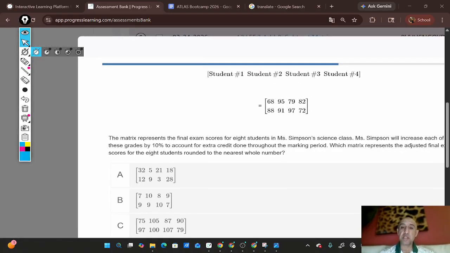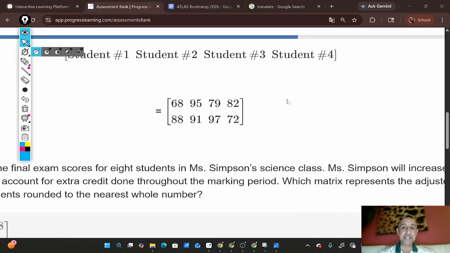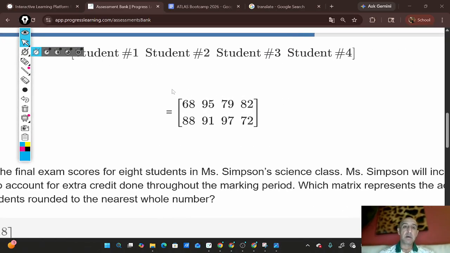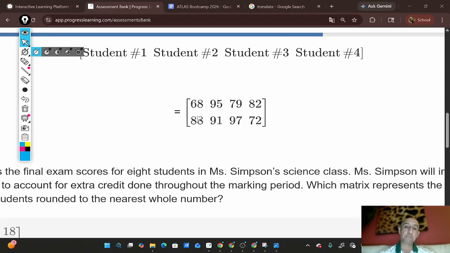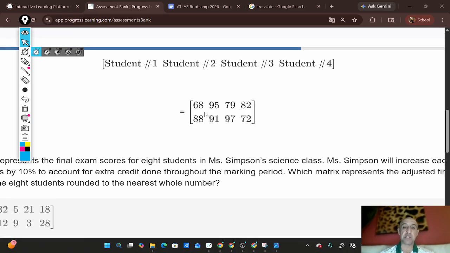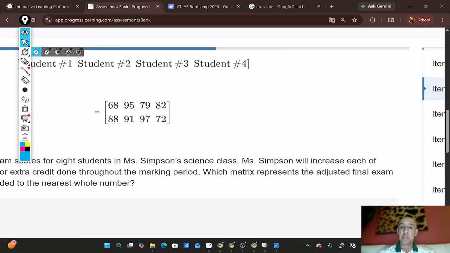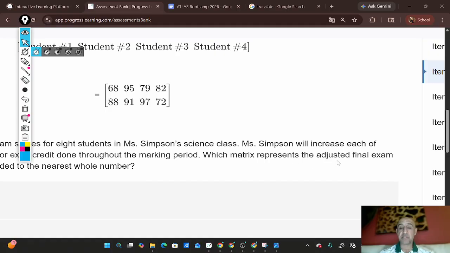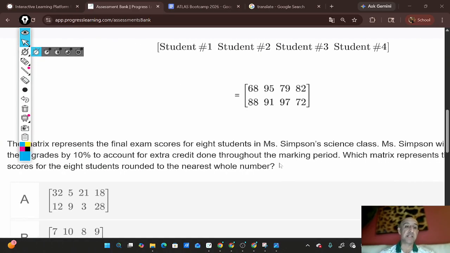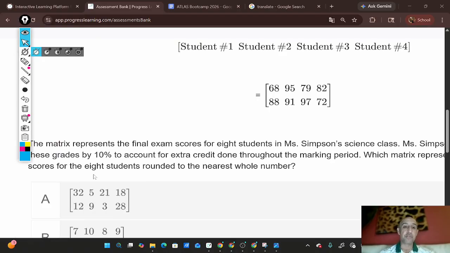So this is the grades that the students got, and the teacher wants to push them up and increase their grades by 10%. The question is, which matrix represents the adjusted final exam scores for the 8 students rounded to the nearest whole number? Remember, we will go back to this nearest whole number.